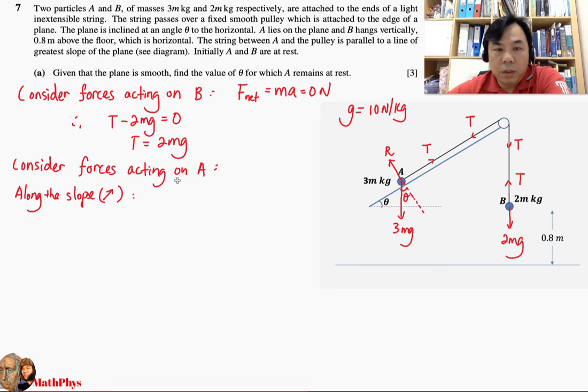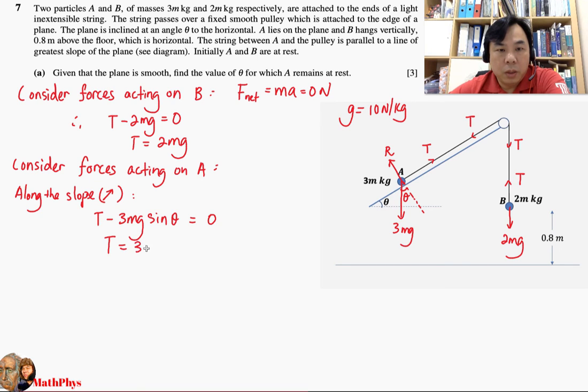So along the slope, because it's in equilibrium, we can write that down as T minus 3mg sine theta. Along the slope, we have to resolve the weight into the slope component here. So T, subtract off this. This is the resultant force, which must be equal to 0 because they are in equilibrium.